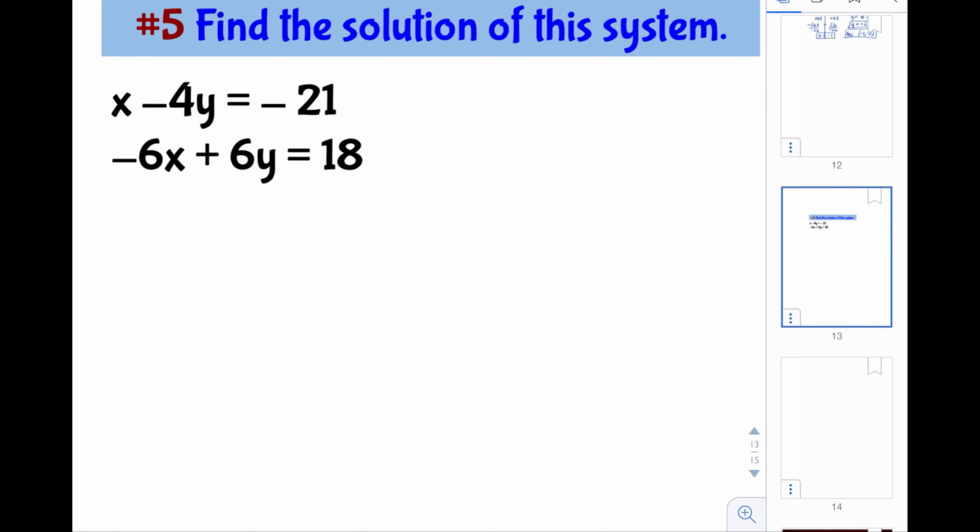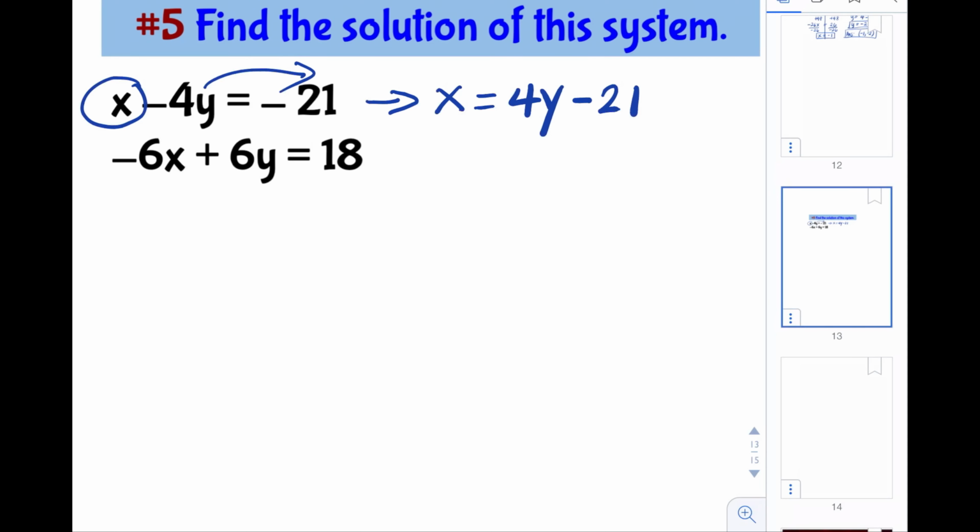And that is our equation number 1 because the x only has a coefficient of 1, which means this equation is easier to solve for x in terms of y. So all I need to do is transfer that negative 4y to the right. And when we do that, x is equal to 4y minus 21.